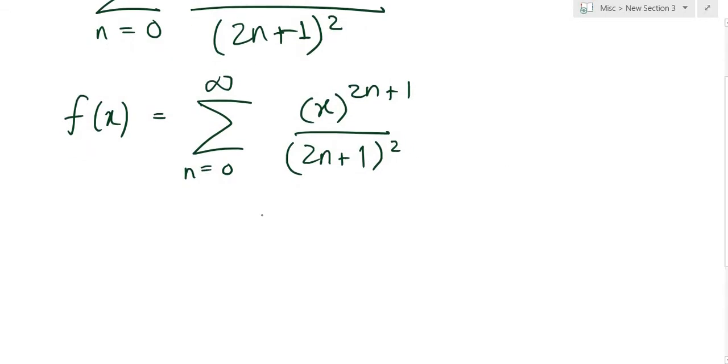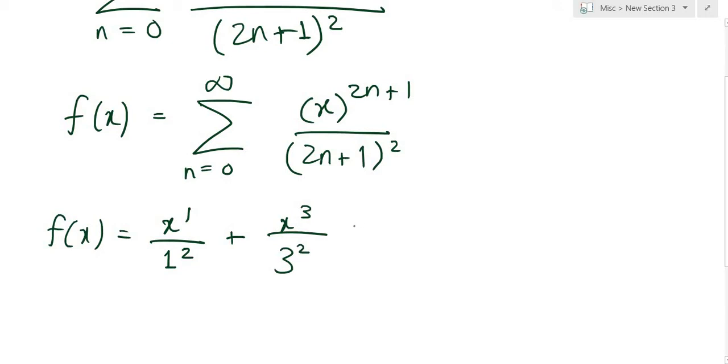And just to give you an idea of what this f of x looks like, when n is 0 we have 1, same thing here, so x to the first power over 1, which is squared, plus there's no alternating part, so we have less to worry about honestly. Then when n is 1, 2 times 1 is 2 plus 1 is 3, so x cubed over 3 squared.